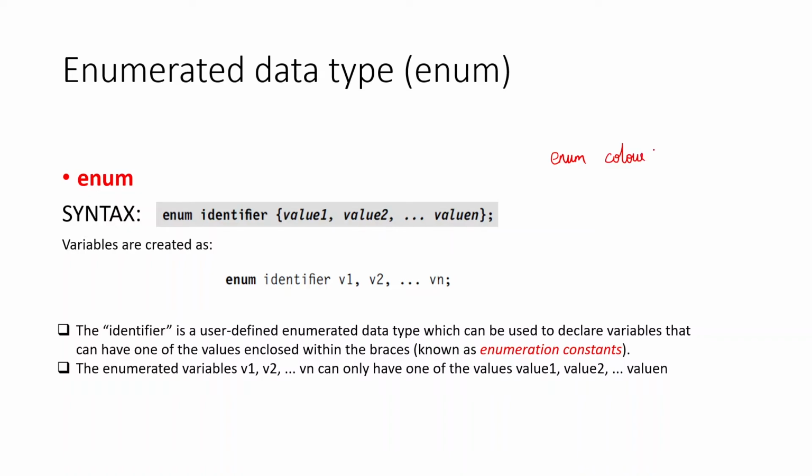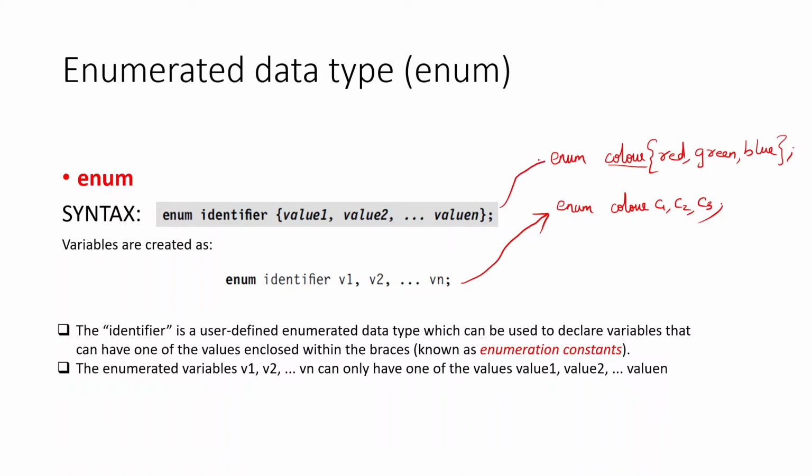I am giving color, and red, green, blue within curly brackets. I'm closing the bracket and putting a semicolon. This means that the enumerator data type name is color. And now to define variables, I write enum color C1, C2, C3.